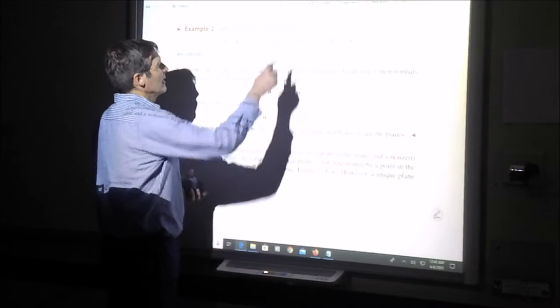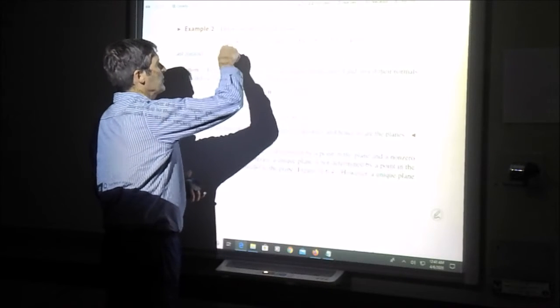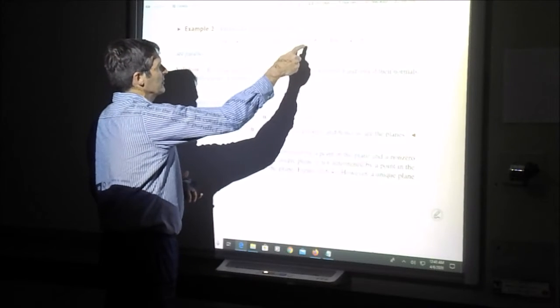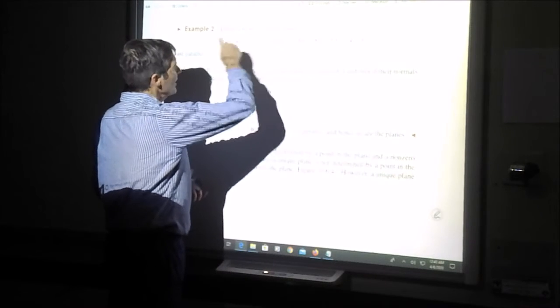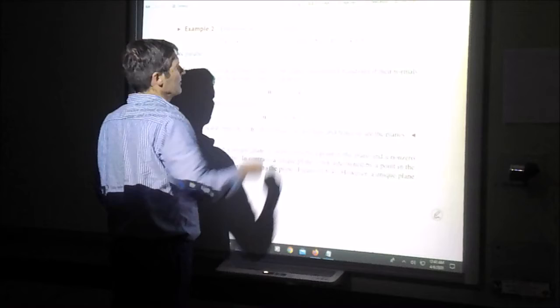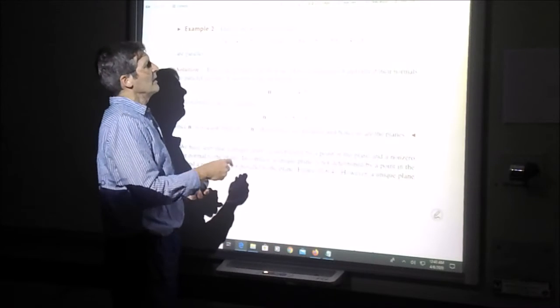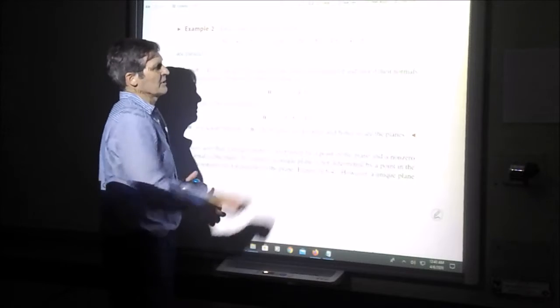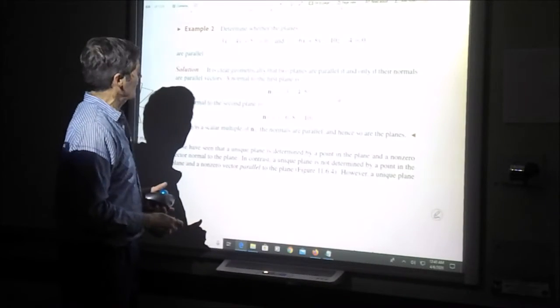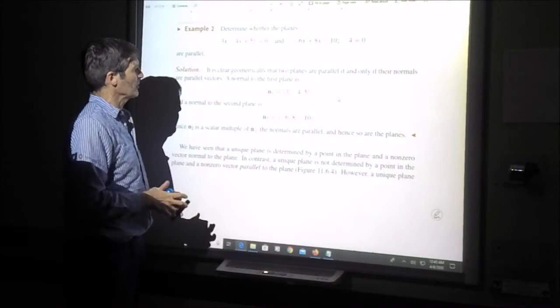Since the normal here is just minus 2 times the normal here, right? 3 times minus 2 is minus 6, minus 4 times minus 2 is 8, 5 times minus 2 is minus 10. The a, b, c here times minus 2 just gives that one. The normal vectors are parallel, therefore the planes are also parallel. So that's how you check for parallel planes, is if their normals are parallel.